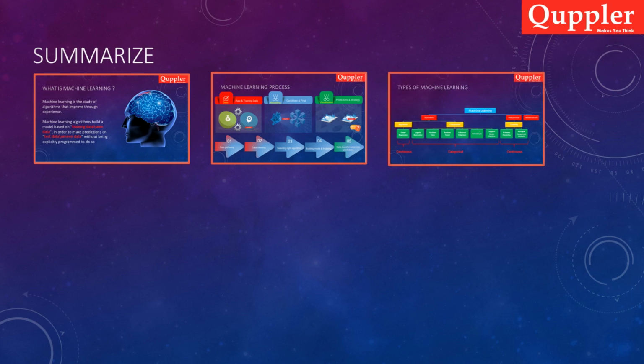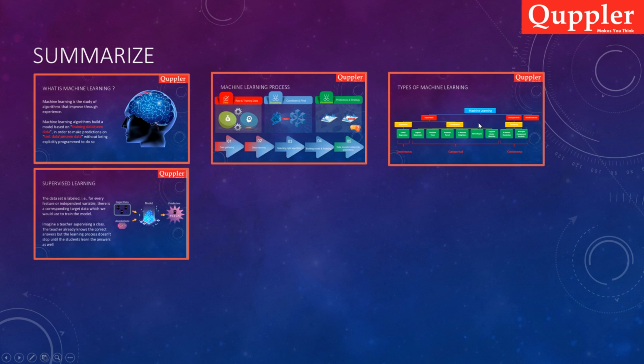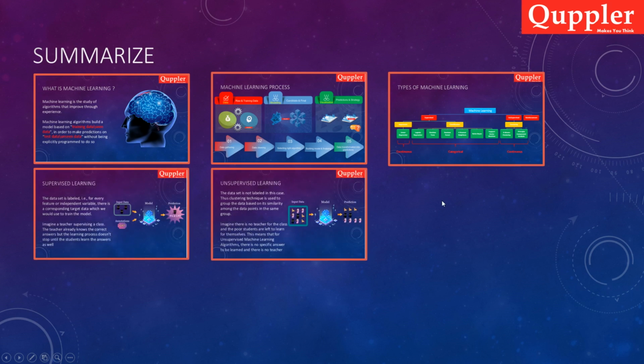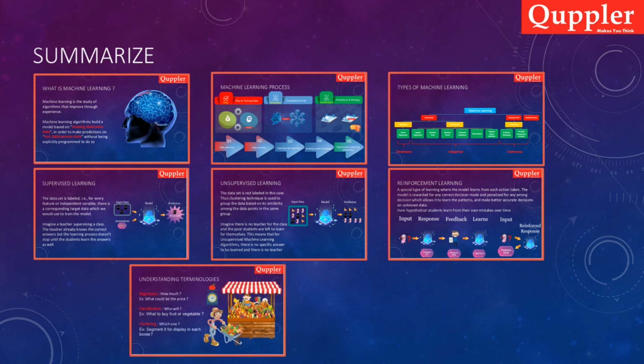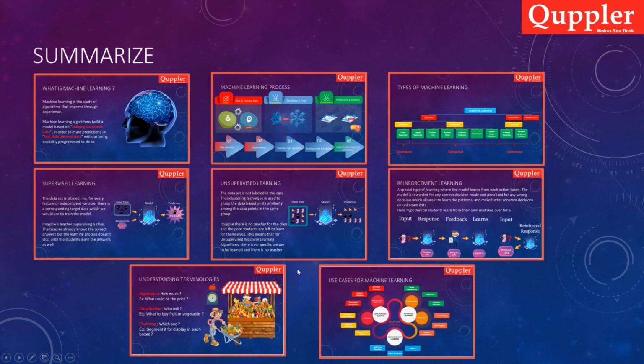Next we learned about the types of machine learning, in how many different types it can be differentiated, and what the different algorithms associated with each type are. Next we got to know about supervised learning, unsupervised learning, and reinforcement learning. Then we learned the different terminologies attached to it, like the differences between regression, classification, and clustering with pictorial examples. And at last we got to know the use cases of machine learning.